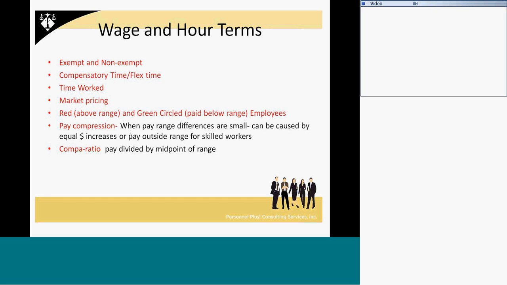The term comp ratio refers to where people are paid compared to typically the market pay rate or midpoint of a range. So if you say the midpoint for the range of people who make widgets is $20 an hour, and this particular employee is paid 19, you divide one into the other and you come up with they're at 95% of the midpoint, so their comp ratio is described as 95.